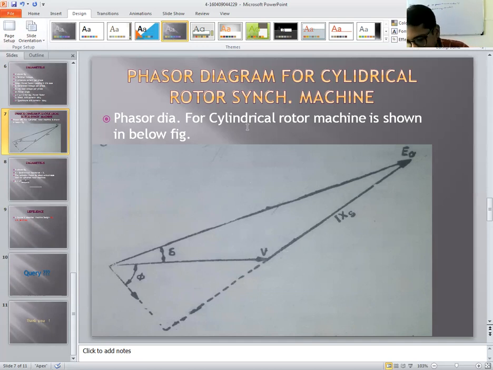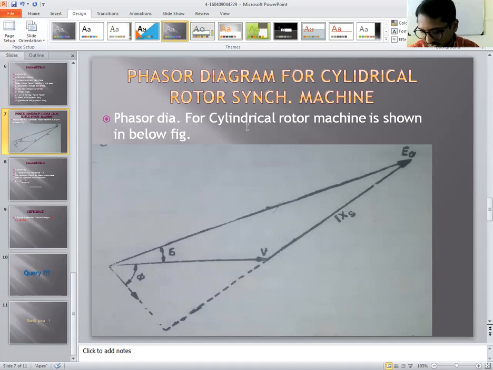For the phasor diagram, E is the excitation voltage. After that, V is the terminal voltage. I is the armature current. Theta is the angle between V and IA. Psi is the angle between E and IA. After that, delta is the angle between E and V, and RA is the armature per phase resistance.